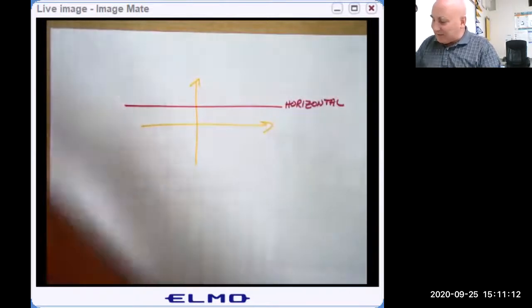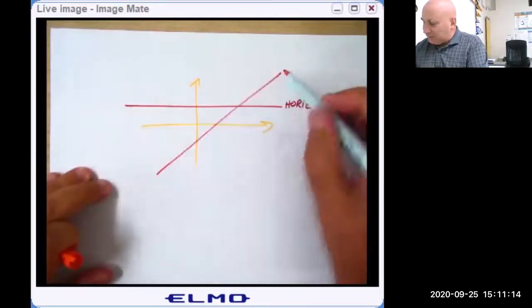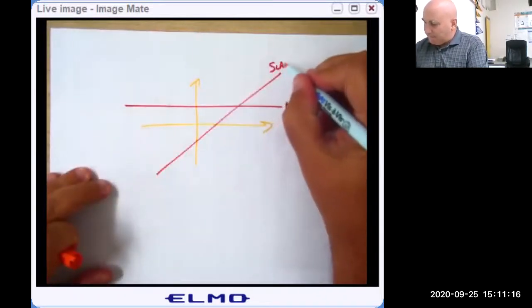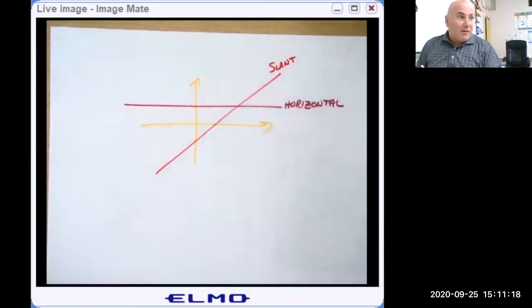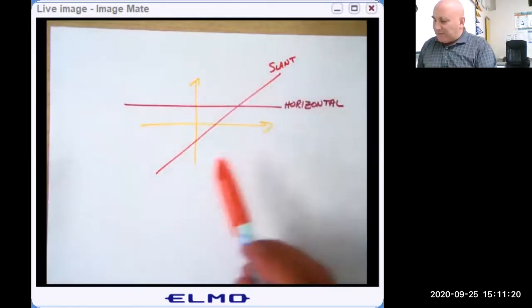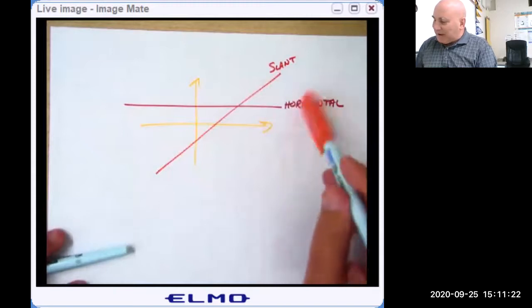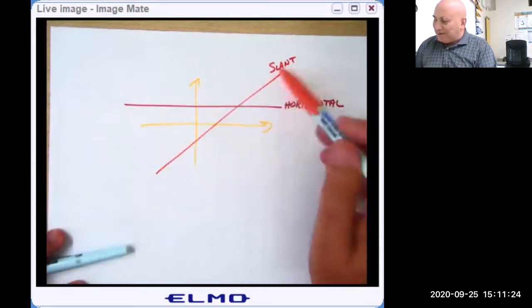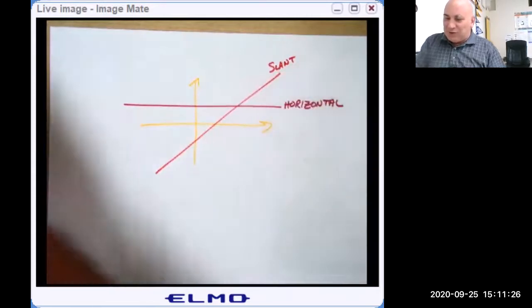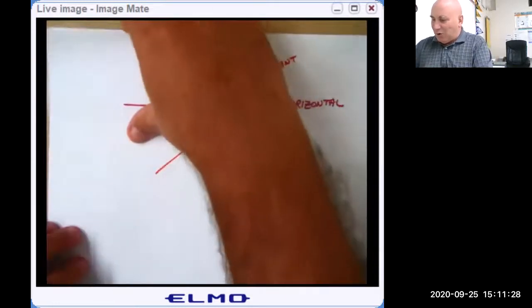A slant asymptote looks like this. And your graph, if you're going out to infinity, can't be approaching both of these at the same time. So you can only have one or the other.